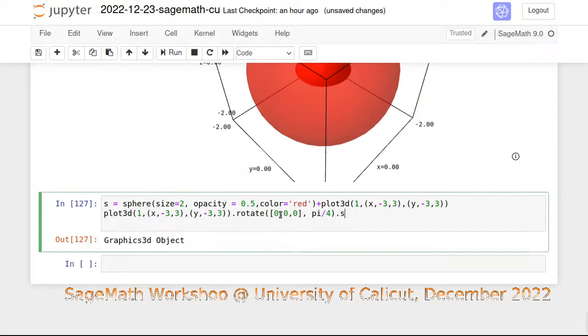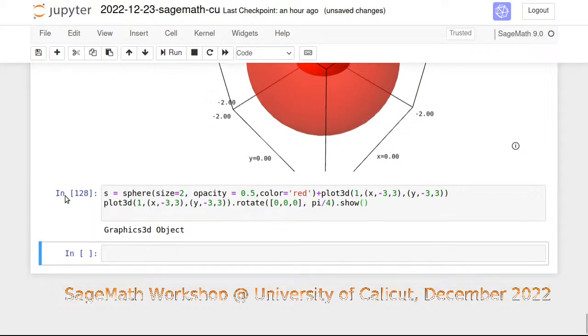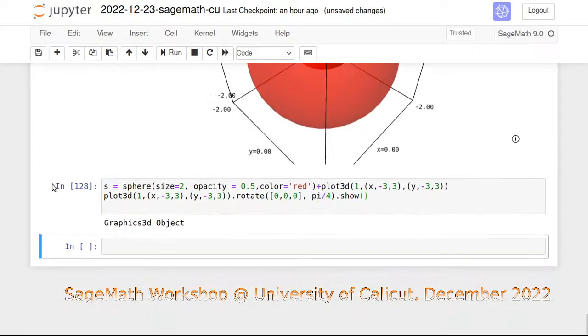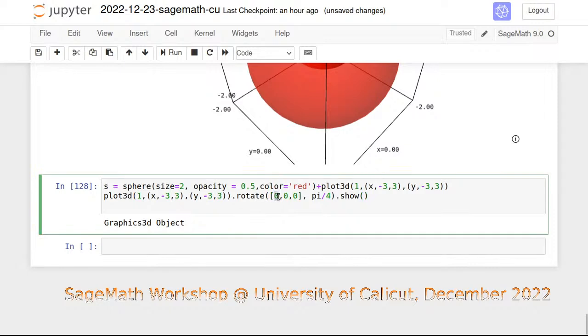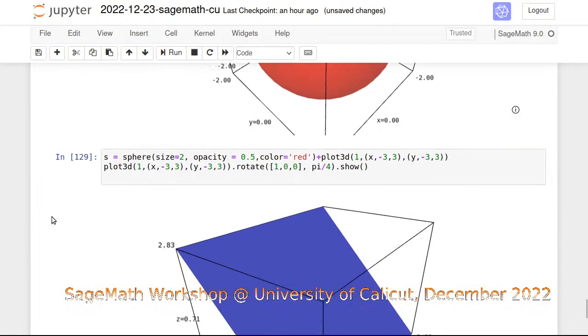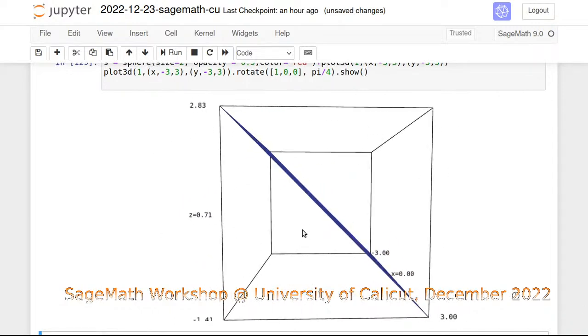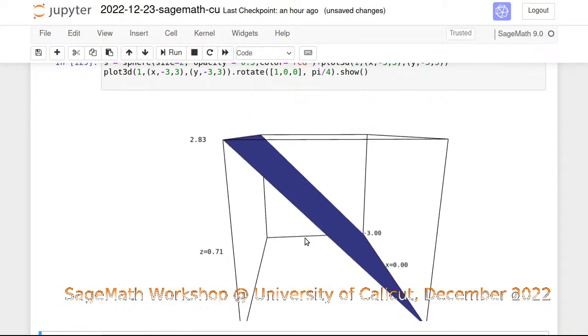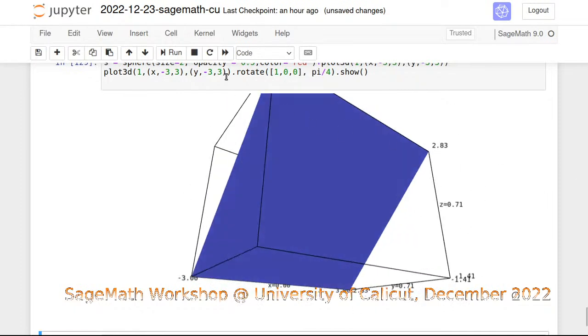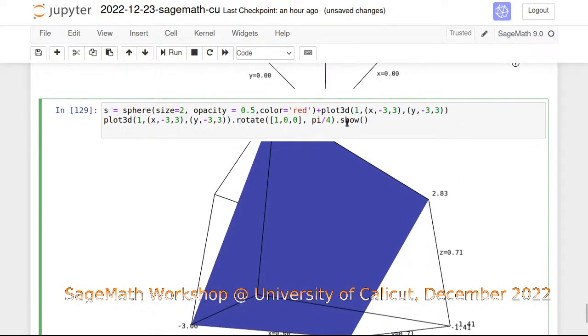And show is required. So what's happening is the rotation is happening only while showing that. Otherwise nothing is happening. Let us see.